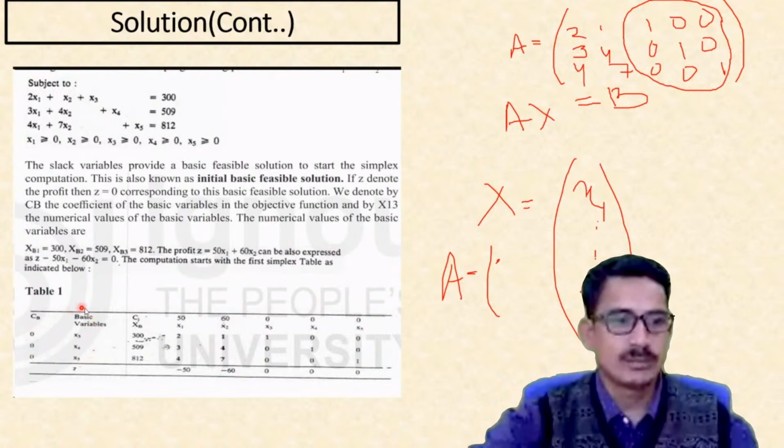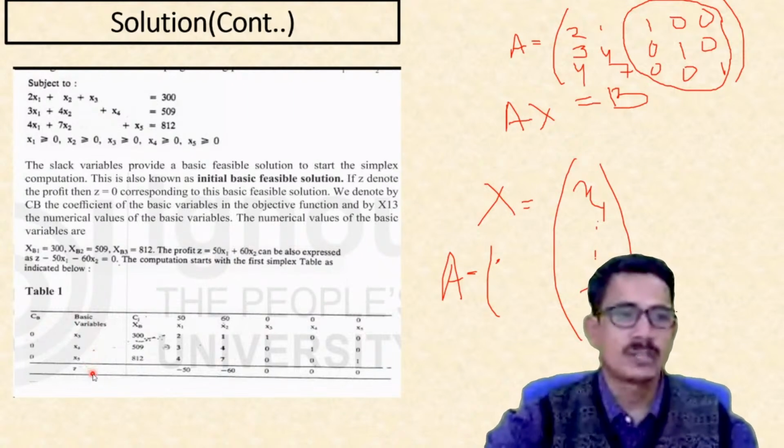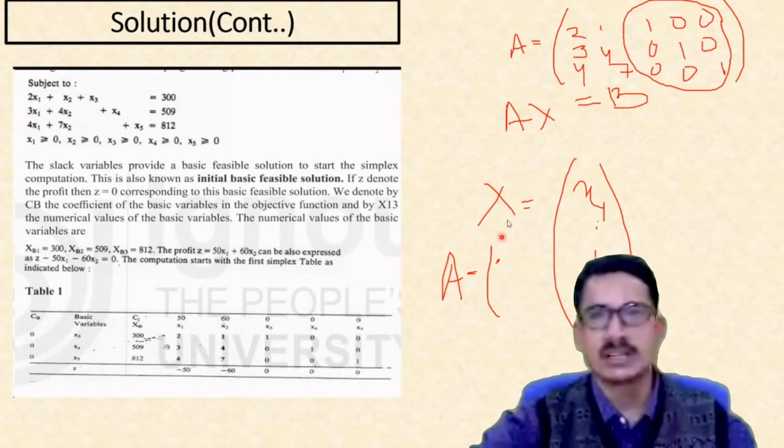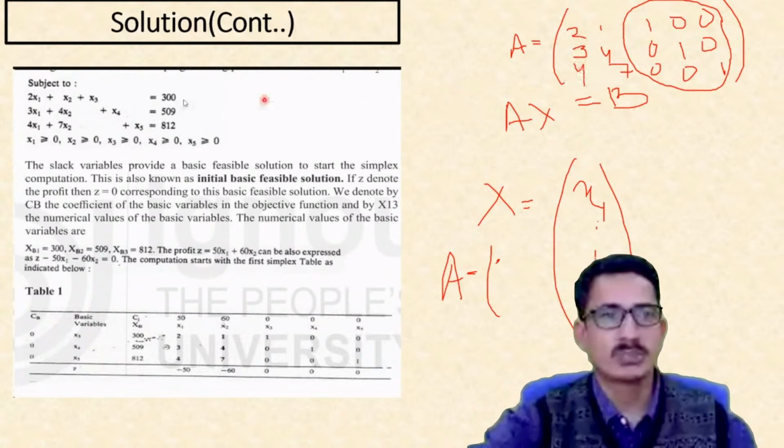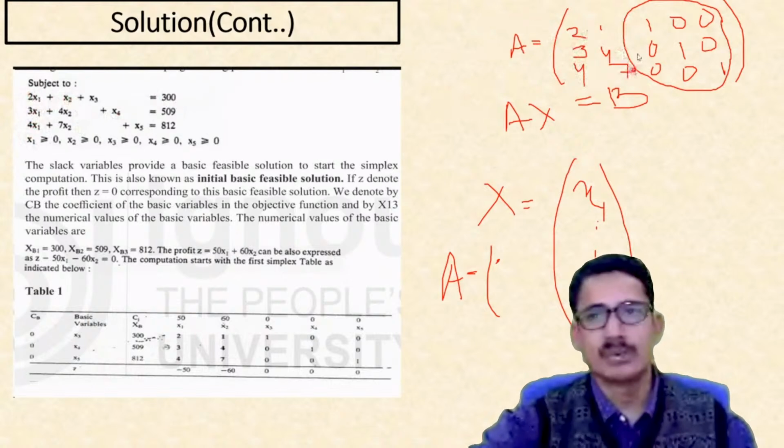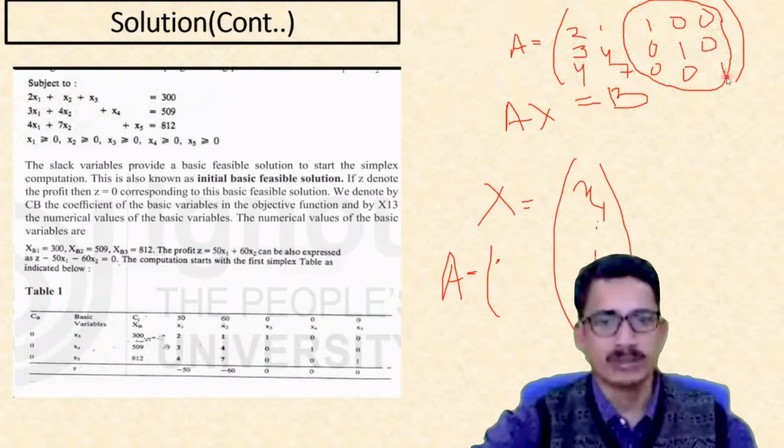Now, first you have to fill this column. Always focus on this column, the basic variable column. What do you have to write? Now you have to check whose coefficient. See the matrix. I have 2, 3, 4. 2, 3, 4 means what? This is the coefficient of x1. 1, 4, 7 is the coefficient of x2. 1, 0, 0 is the coefficient of x3, then this is the coefficient of x4, and the coefficient of x5.